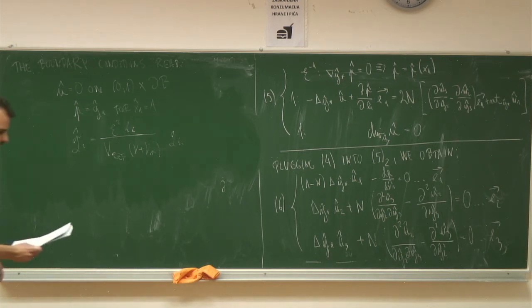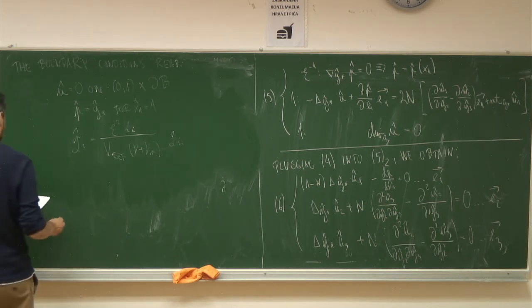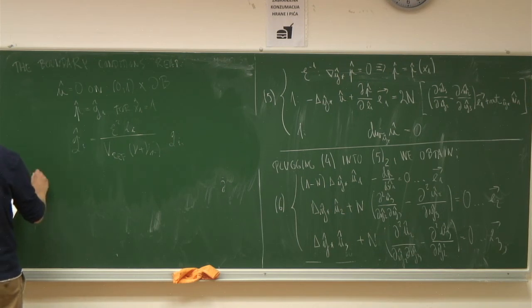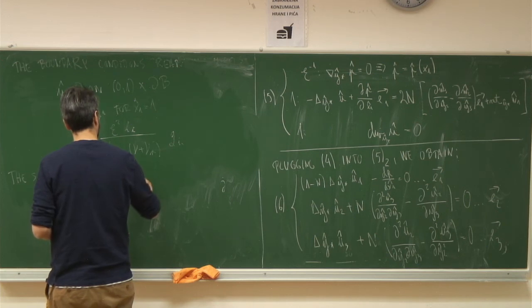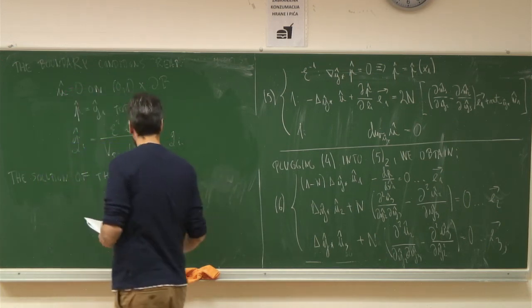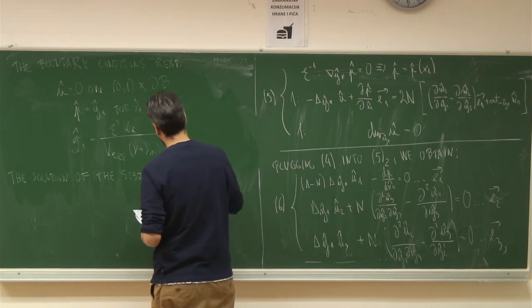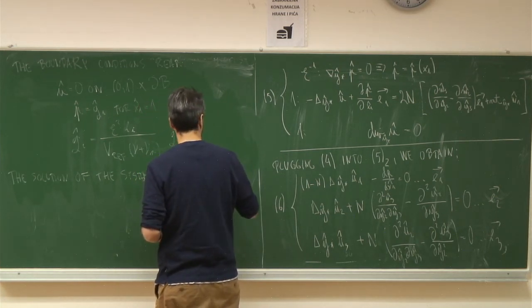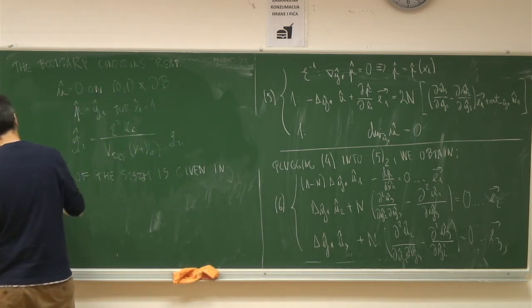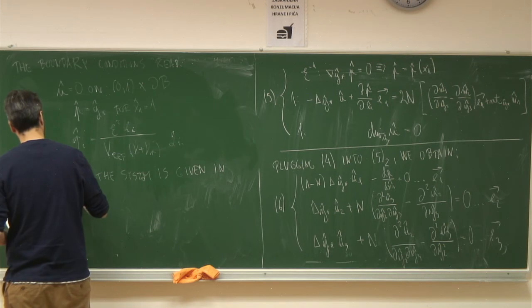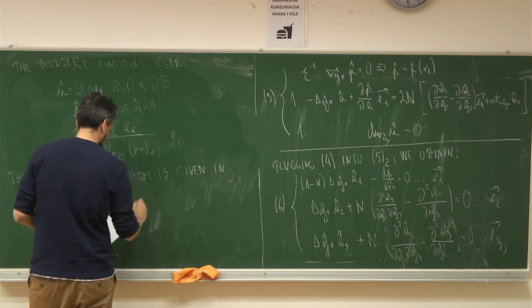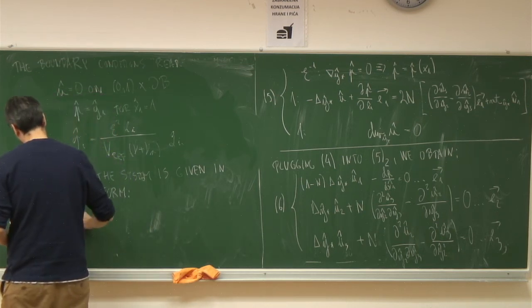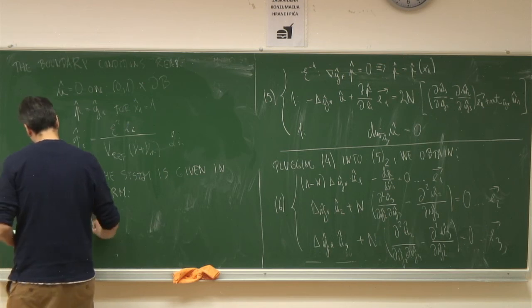So you can find an explicit solution. So the solution of the system is given in the following form. So you have u kappa y star kappa.